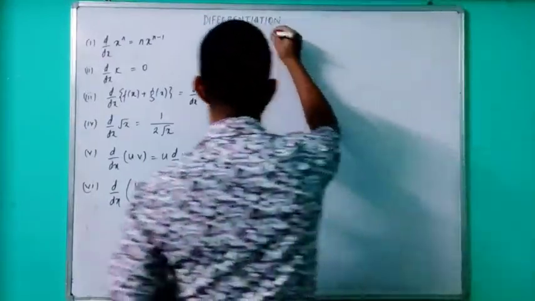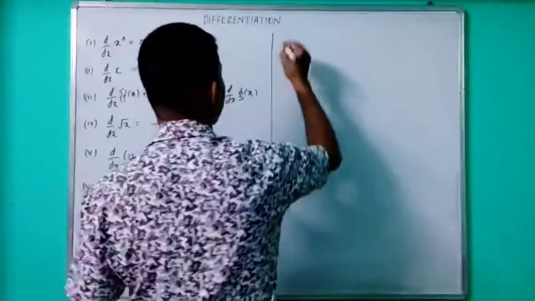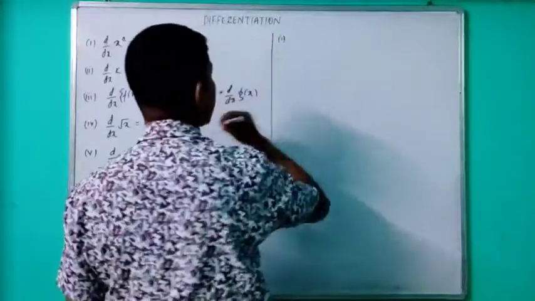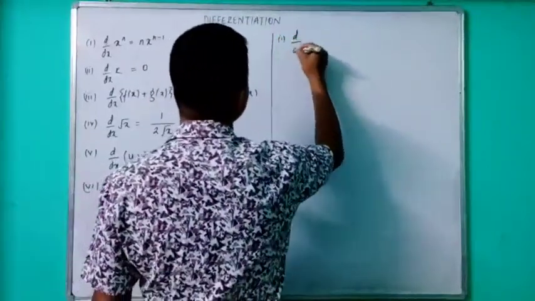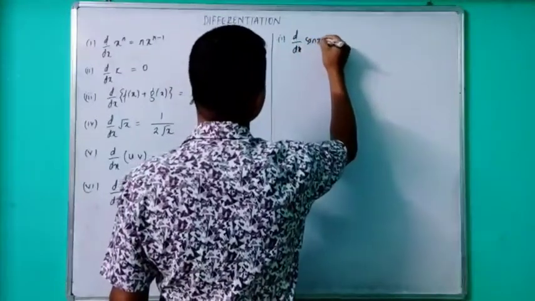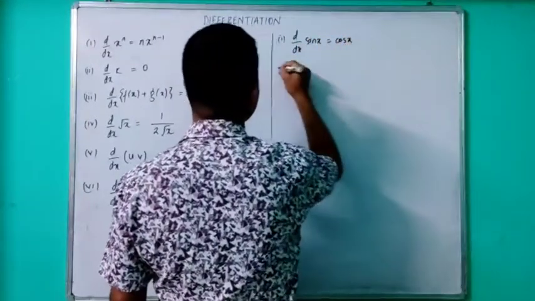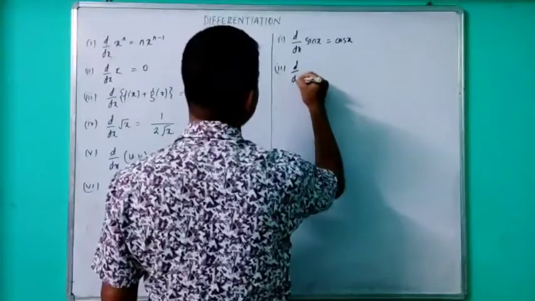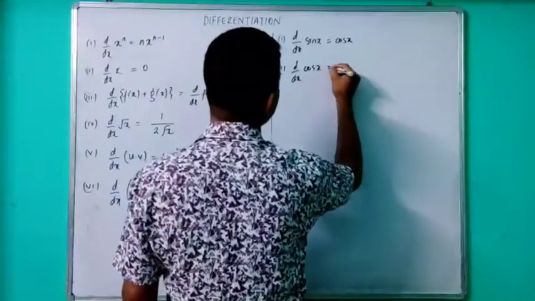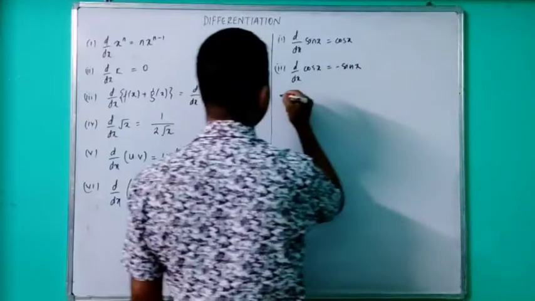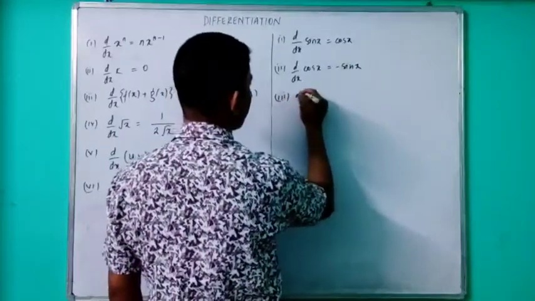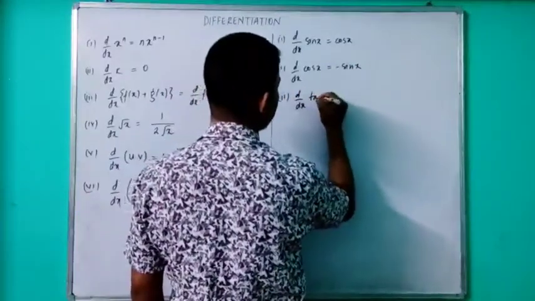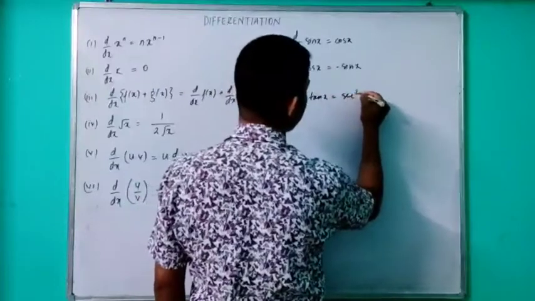And now another important formula is the trigonometric formula, like the derivative of the trigonometric functions. We have d by dx of sin x is equal to cos x. The second, d by dx of cos x will be equal to minus sin x. The third, the derivative d by dx of tan x will be equal to sec square x.